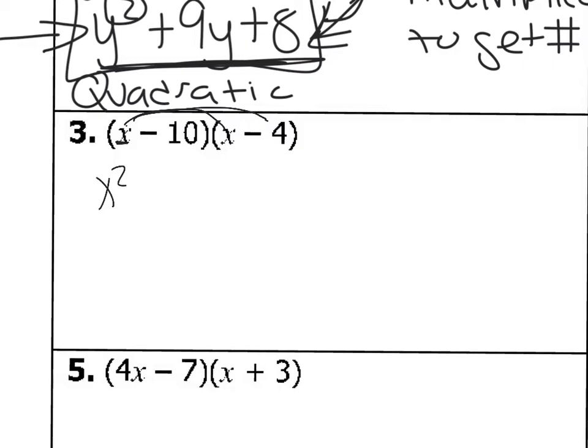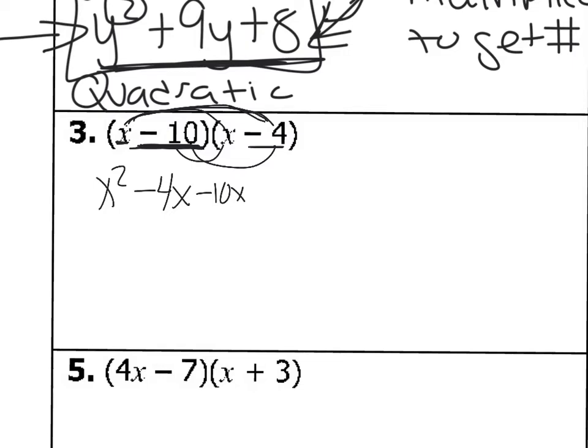All right, and then this x with this term in your binomial, so it'd be negative 4x. Then we're going to multiply the second number in the binomial. It's negative 10, so negative 10 times the first term in the binomial is negative 10x, and then multiply with the negative 4. Remember, take the sign in front of numbers.